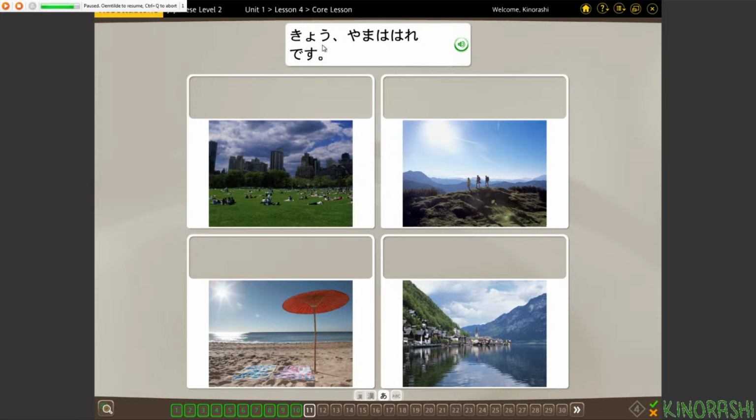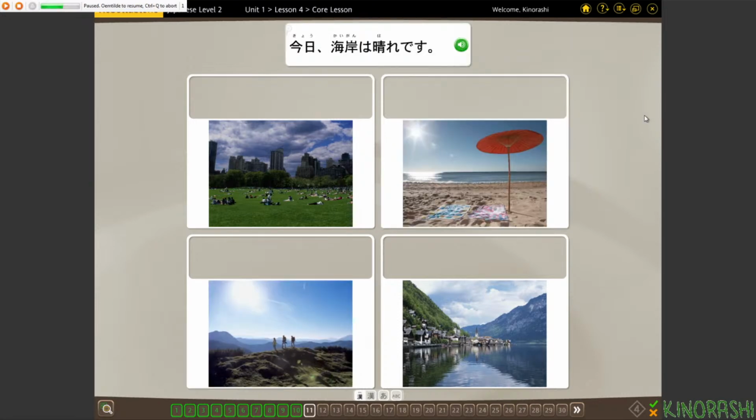So, kyo yama wa hare desu. You can see the kanji for sun on the left of that kanji. I think that's the kanji for moon right there. I'm not sure what that is. So, kyo yama wa hare desu.